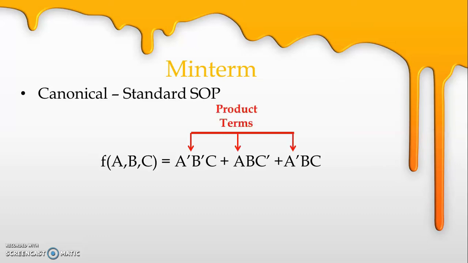These all are product terms, and that is known as the minterms. Because the function is a standard SOP, each product term is known as a minterm, and in each product term we have different literals: a bar, b bar, c, a, b, c bar, a bar, b, c. So literals can be complemented or uncomplemented, and that depends on the variable.